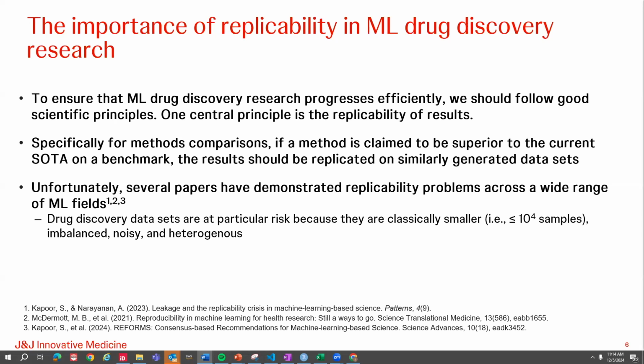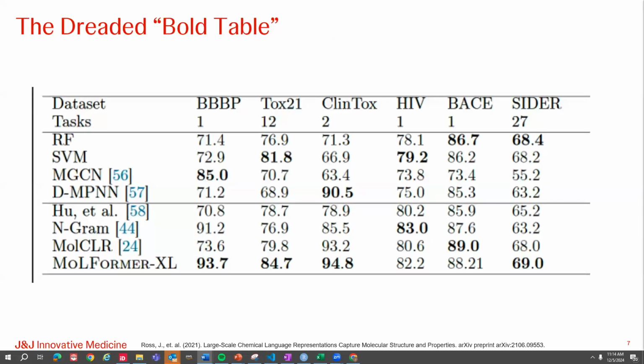This table shows what people are typically doing in drug discovery right now, and we're tired of seeing this bold table. The bold table shows the average metric for each model under k-fold cross-validation with different tasks on the columns. The model with the best value for a particular task is shown in bold.